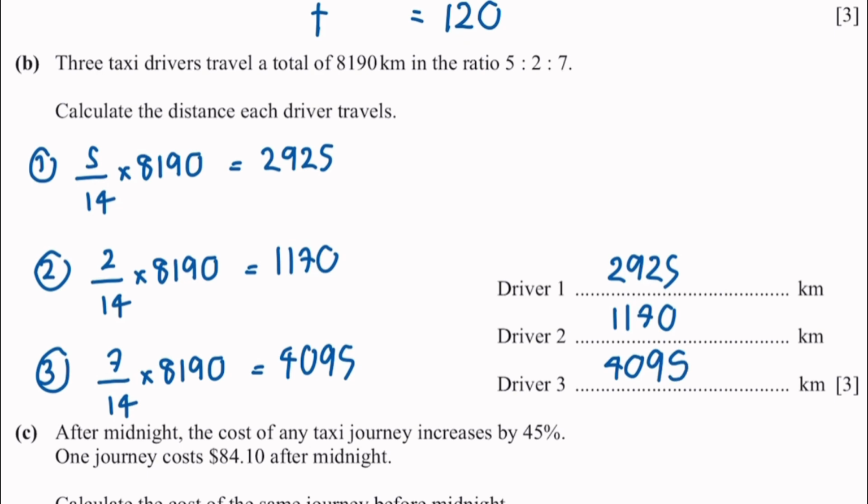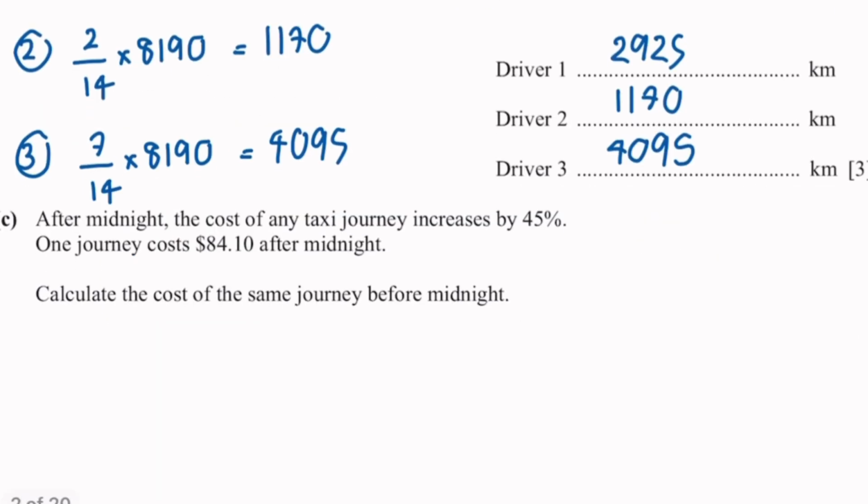Okay, next. After midnight, the cost of any taxi journey increases by 45%. One journey costs $84.1 after midnight. Calculate the cost of the same journey before midnight. First, I will represent X as the cost of the same journey before midnight.